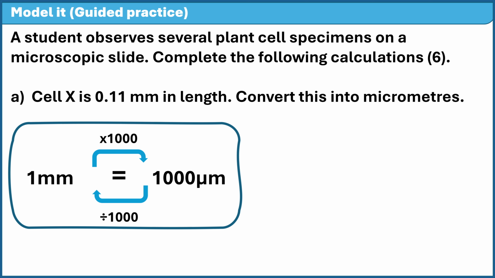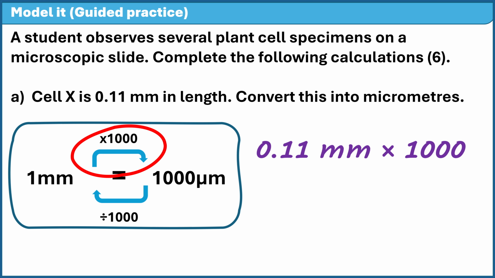We are converting to micrometers, a smaller unit. So we need to multiply by 1000. Step 2 is to actually complete the calculation and ensure that we include the correct unit in our answer. So 0.11 millimeters times 1000 will give us an answer of 110 micrometers. Always check that your final value is labelled with the appropriate unit. This is essential for exam marks.